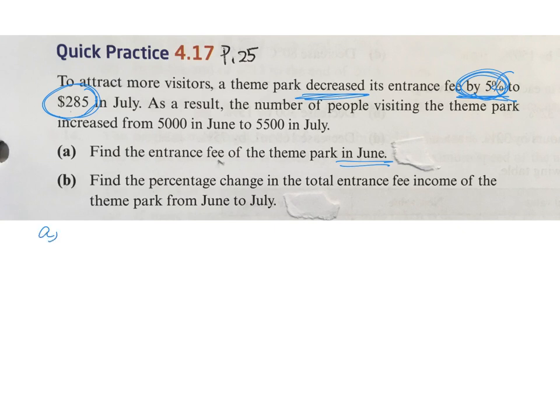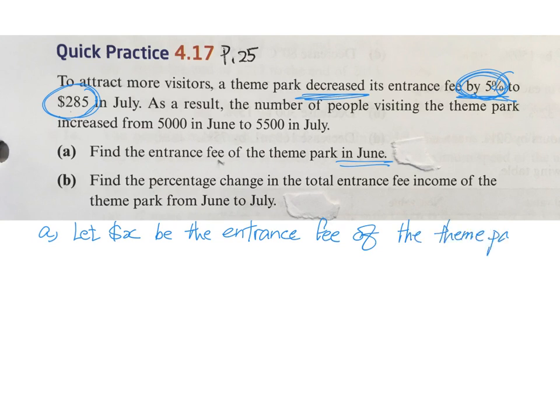If you want to find the entrance fee of the theme park in June, usually we need to have a let statement. So you may write down: let $X be the entrance fee of the theme park in June.